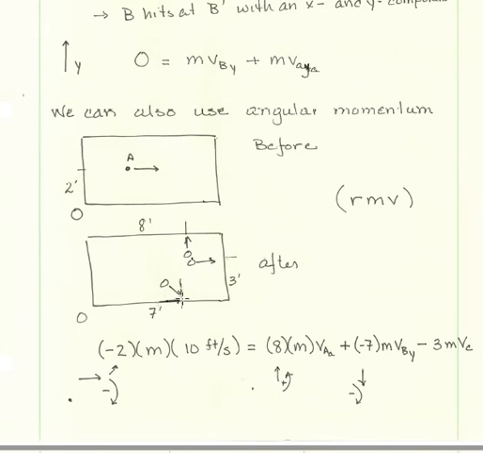I only have to worry about the Y. This one is going to give me my -7 times my velocity in the B direction, again because this one is going down, so I'm going to have a negative direction there. Now this one, I'm in the positive direction. I'm at 8 feet away from my origin, so I'm going to have a positive rotation. And just like what we saw on the other side, I'm going to end up with a negative rotation. Remember, my angular momentum is R times the mass times velocity.